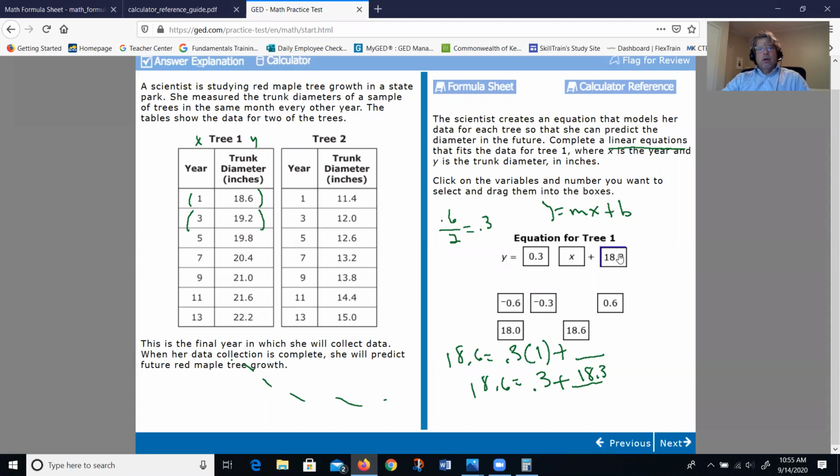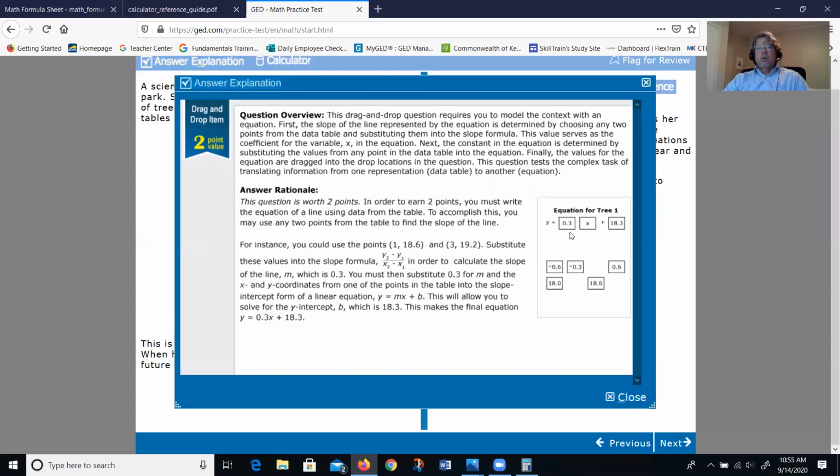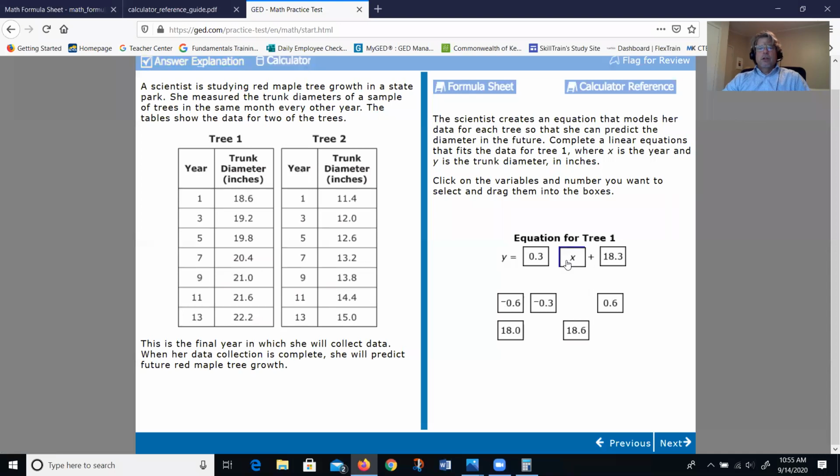And that would be our linear equation for that one. So if we check our answer, we see that y equals 0.3x plus 18.3. So remember, if you can get the x, get the slope, those aren't as hard to do because they're part of the formula sheet, but finding that 18.3 was a little bit more challenging to solve the problem.